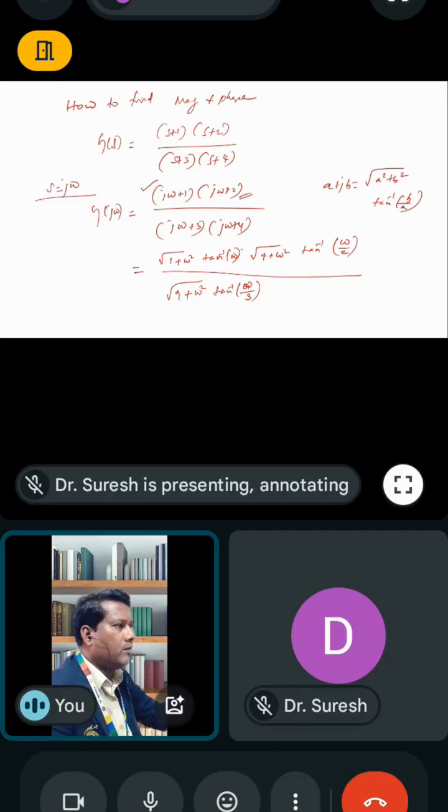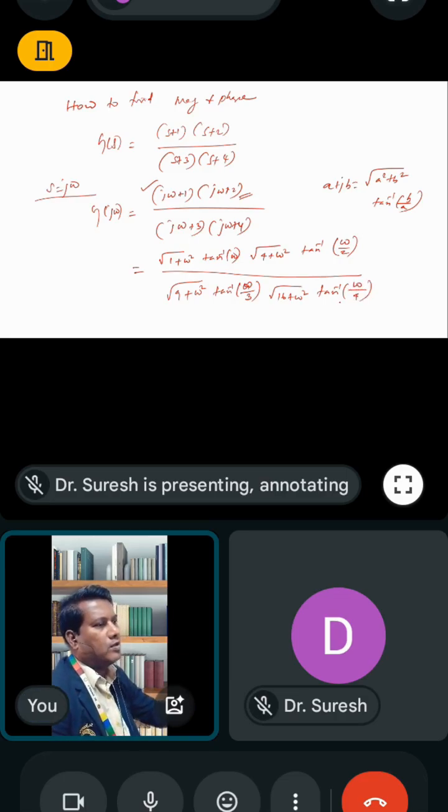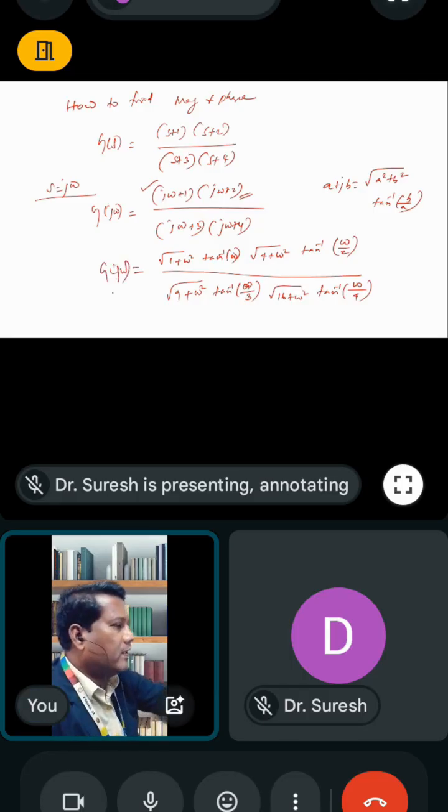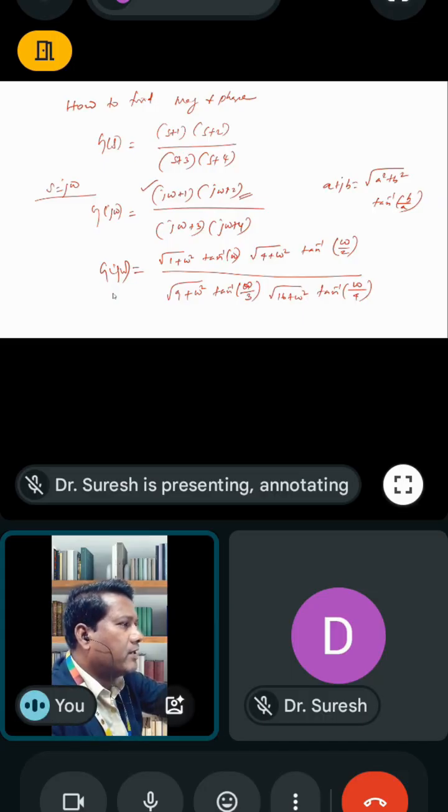In the second term of the denominator, root of 16 plus omega squared, tan inverse omega by 4. After substituting these values, we have to write only the magnitude and only the phase angle separately.